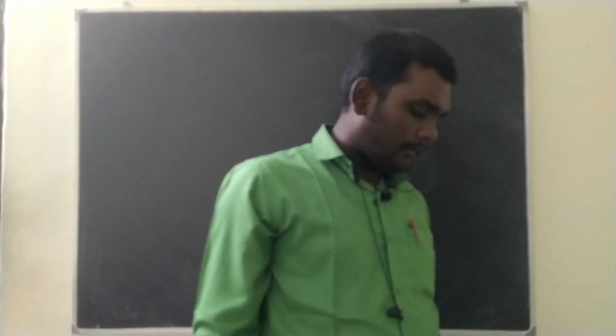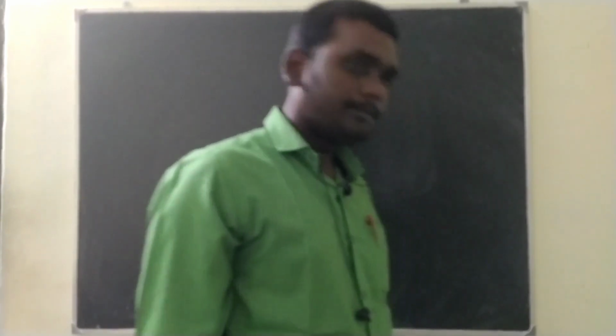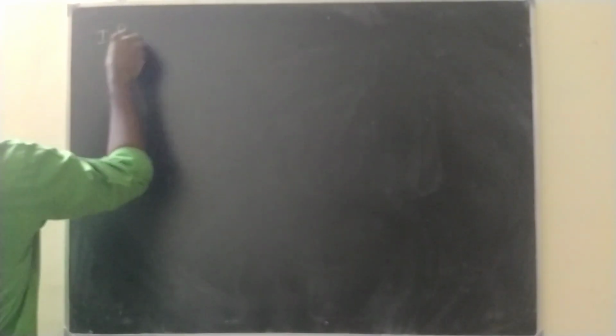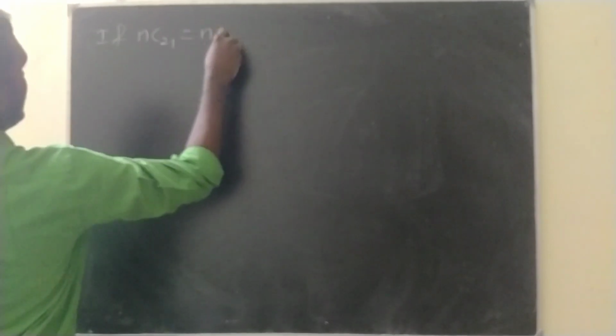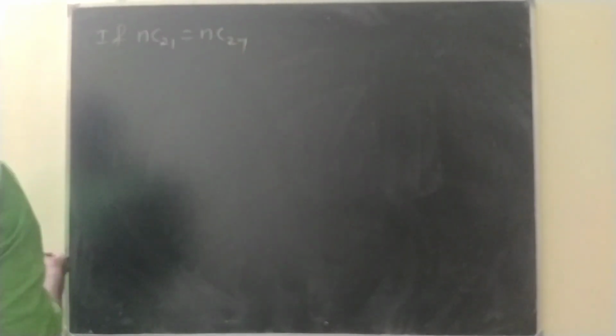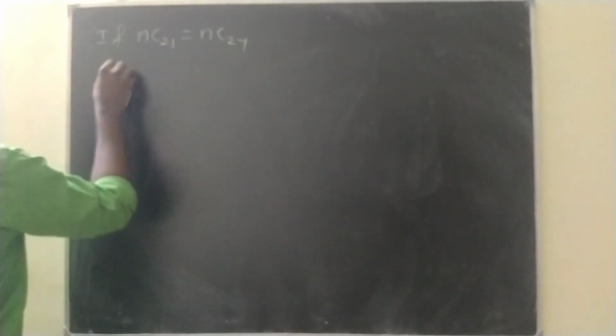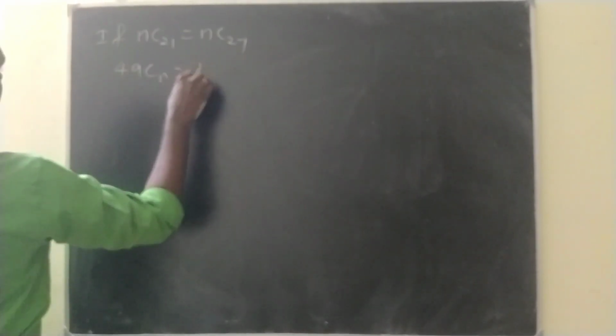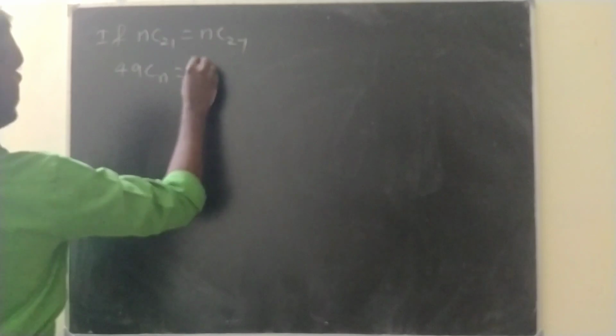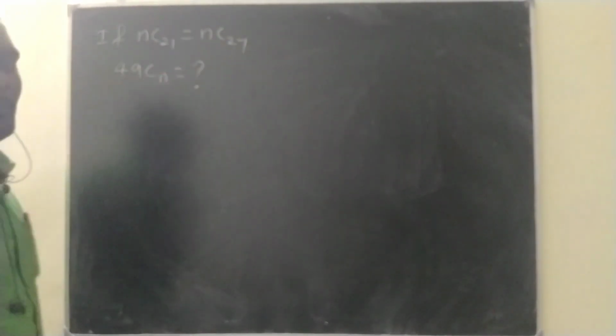Then see question number 1. Very easy question. 21C_N equals 21C_27. Then 49C_N we need to find. This reminds you of what formula?